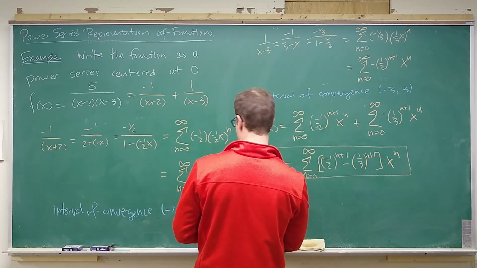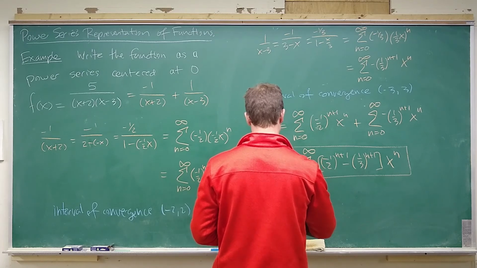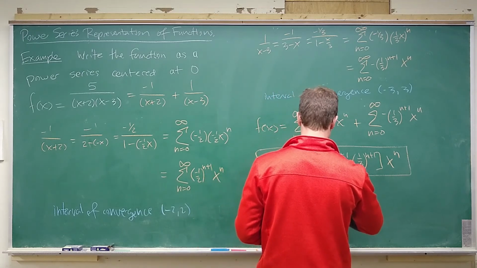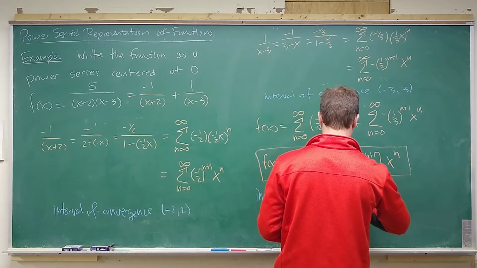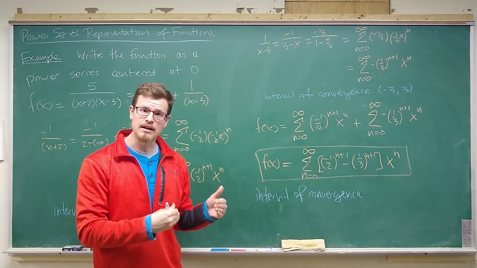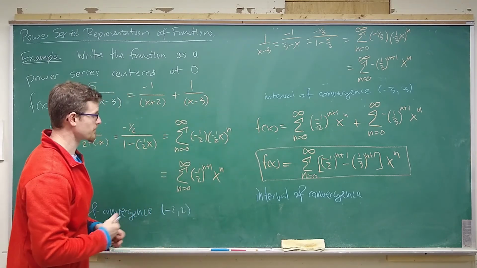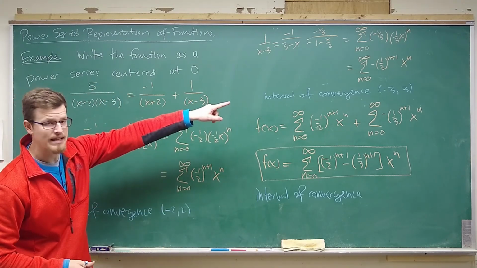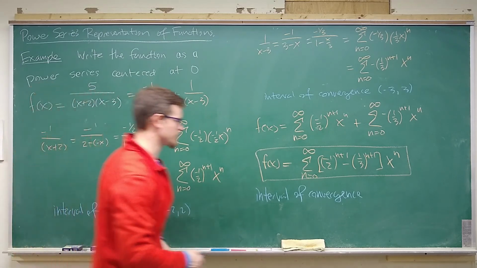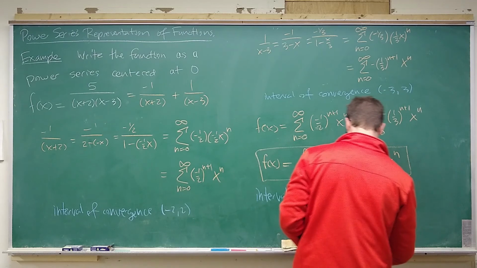So we get an interval of convergence. Again, it's going to be the common values from the two individual intervals of convergence. Now this one is contained in that one, so it's just this interval here, from -2 to +2.